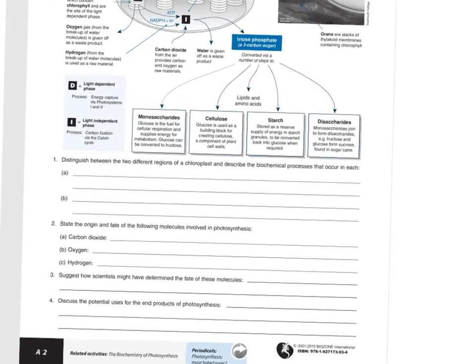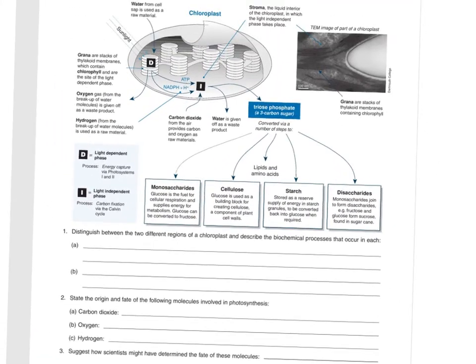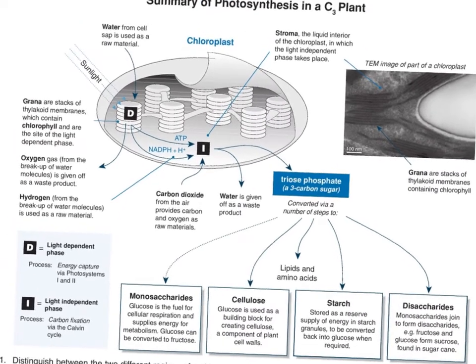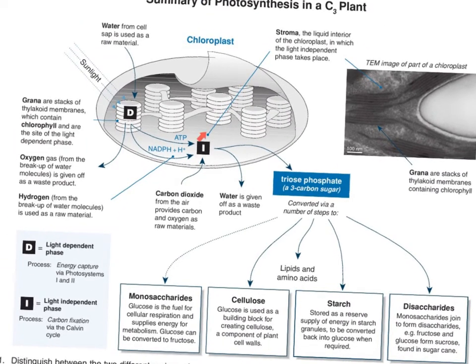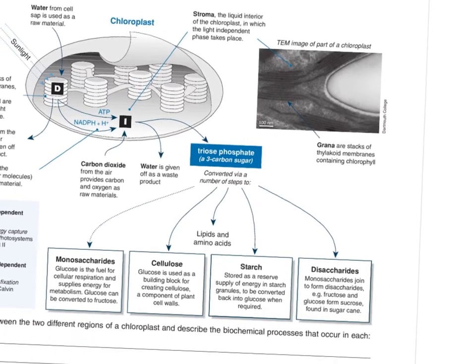You should be able to tell me what the different regions are, right? You've got the stroma. What happens in the stroma? The Calvin cycle. What happens in the thylakoid membranes? The photosystems. We're using chemiosmosis to move the hydrogen ions across, making high and low concentration gradients. All that should be clearly described, hopefully.